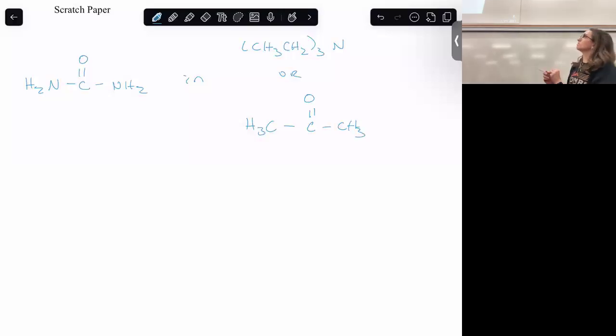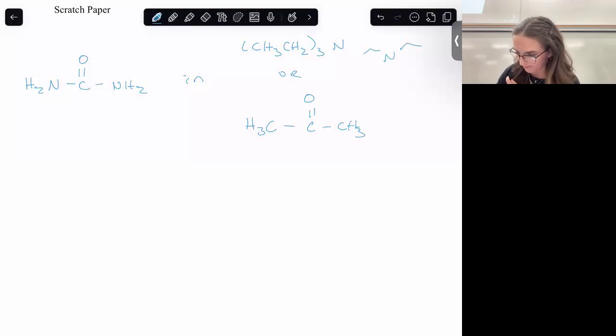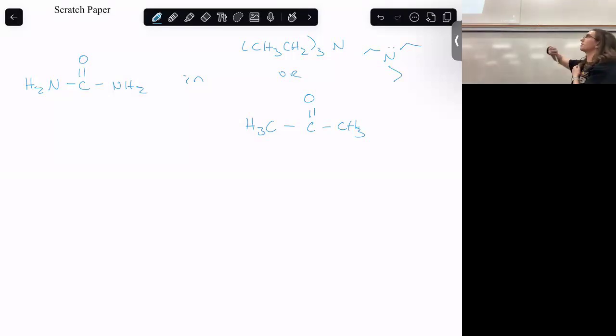We'll do this one first, right? So we have this nitrogen oxygen compound. And then we're either going to put it in some nitrogen with a carbon chain compound, which looks like that, or we have a ketone.